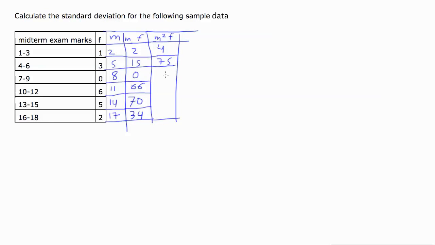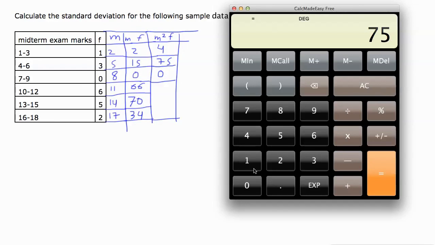Of course, this would be 8 times 0 is 0. That's m multiplied by mf will give you m square f. Remember, so I'll just multiply 11 times 66. This will give me 726.